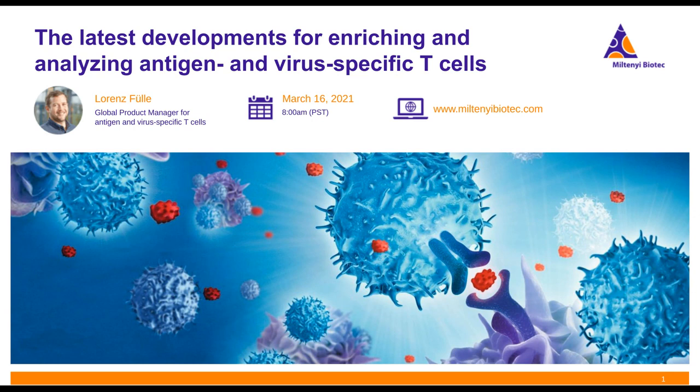And here, what is really nice is that we provide a pre-optimized flow panel consisting of 8 flow antibodies to help you standardize your analysis. And this is especially important, I think, for the future analysis of T cells, especially in the context of analyzing vaccine samples from vaccinated donors.